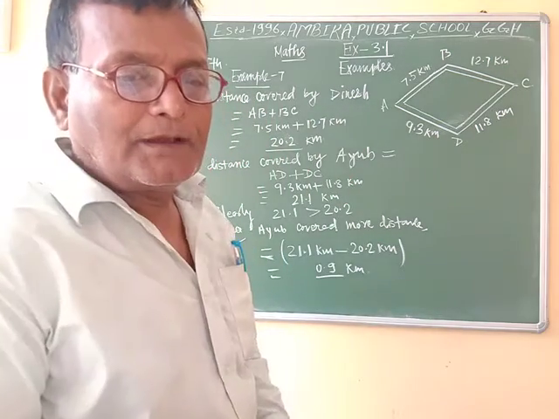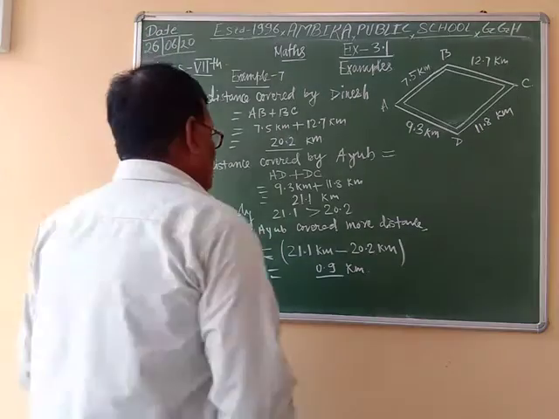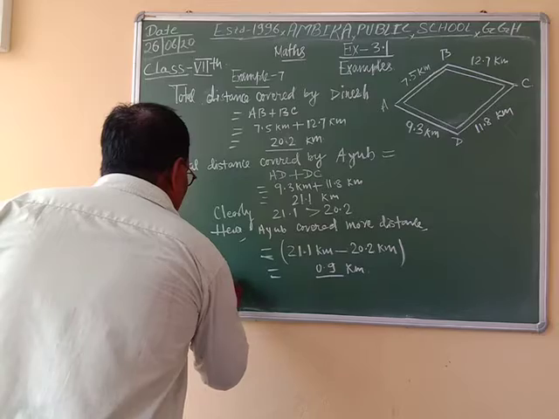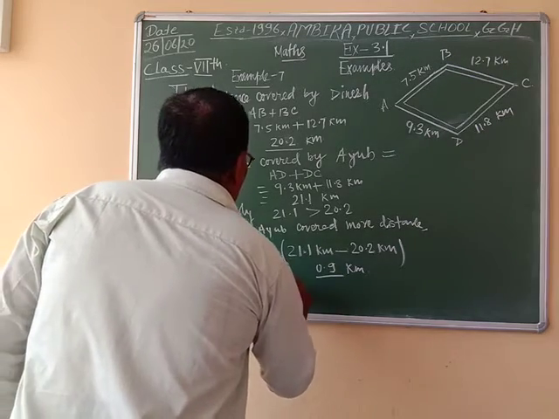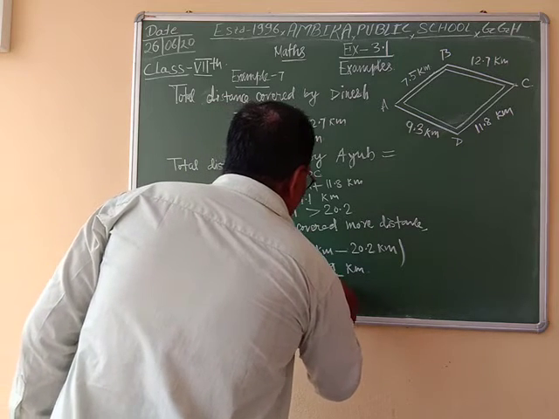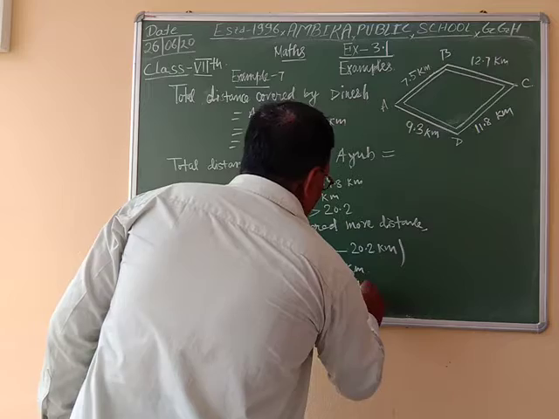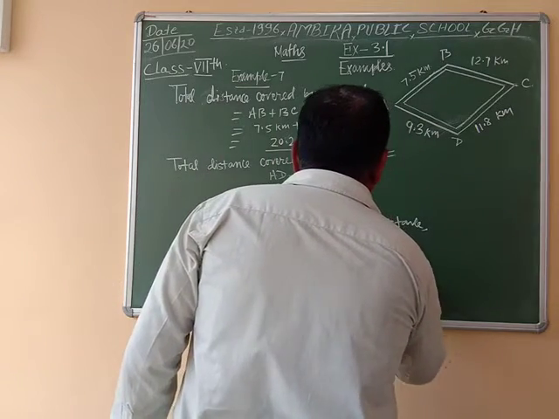Therefore Ayub traveled 0.9 kilometer more.